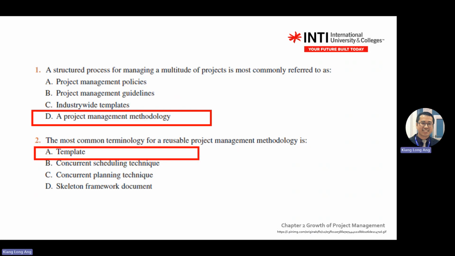Reusable is called a template. A template is like you just follow the way people are doing. So it can be a checklist. A template can be a checklist, right?